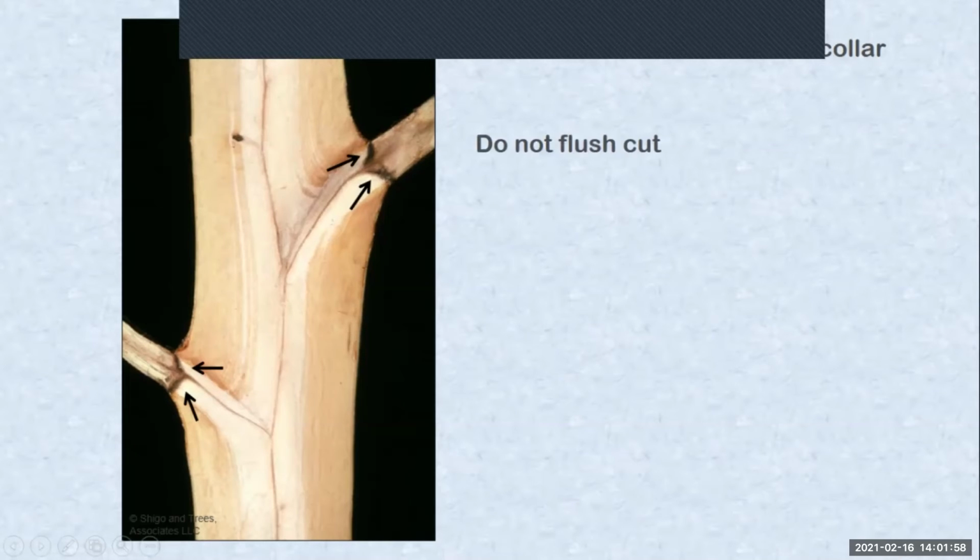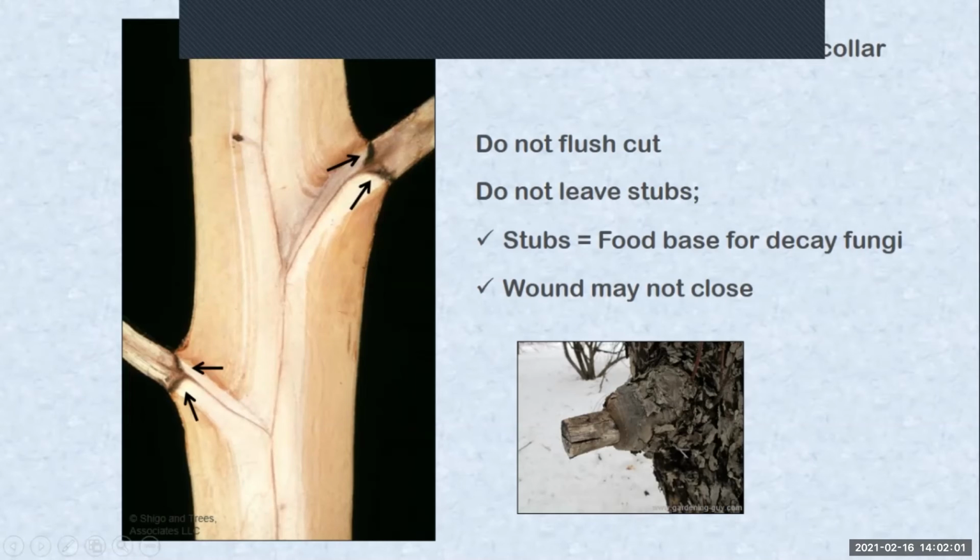So you don't want to flush cut. You also do not want to leave stubs. You don't want to cut way out here either, because you end up with a branch piece that starts to decay, and that decay fungus is able to live off the food of the stub and become more strengthened and potentially may be able to overcome this protection zone and enter into the trunk.